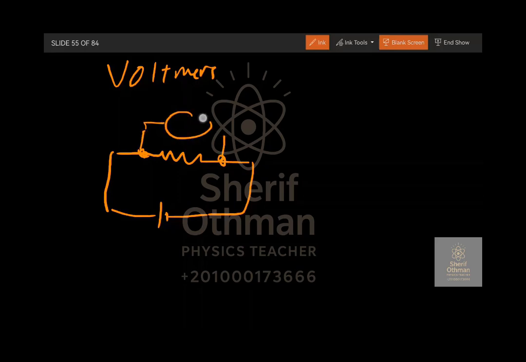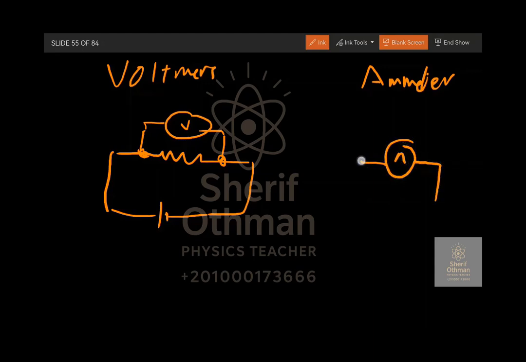So I'm going to connect the voltmeter in parallel, because I aim to measure the difference in potential between these 2 certain points. So the voltmeter is connected in parallel, while the ammeter is connected in series, as I need to measure the amount of charge that flows through a certain branch or part of a circuit.